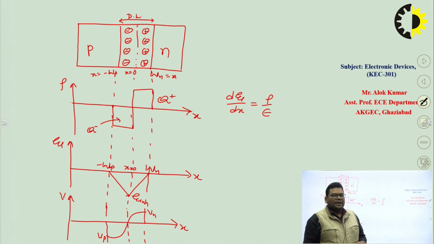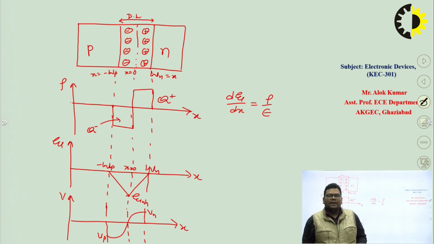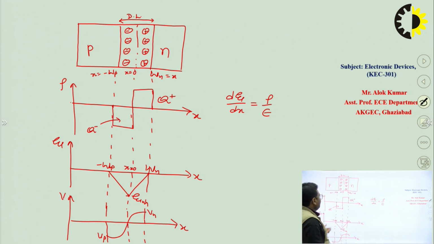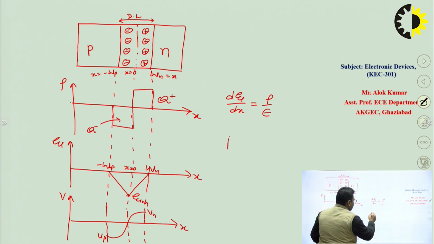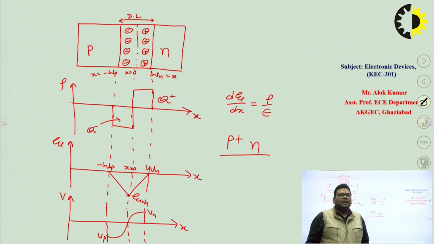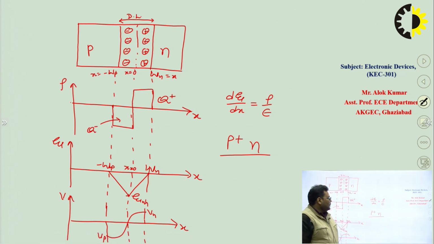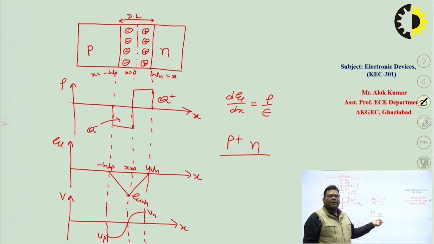Now assume that the doping on the P side is higher than the doping on the N side, that means we have a P plus N combination. What will be the effect of doping on the depletion region? The depletion region will be narrower on the P side as compared to the N side.